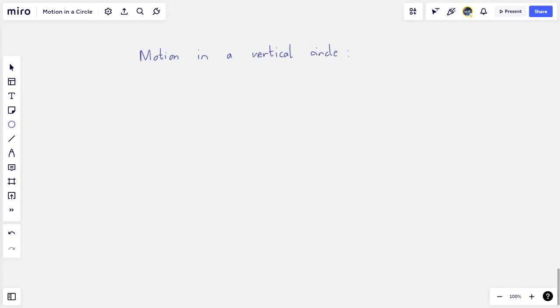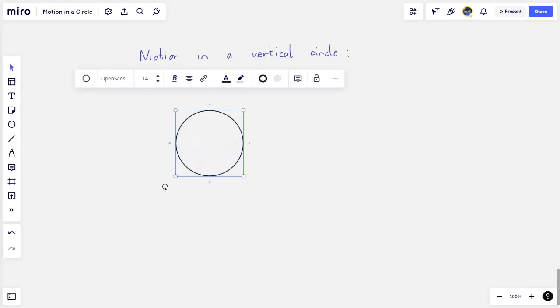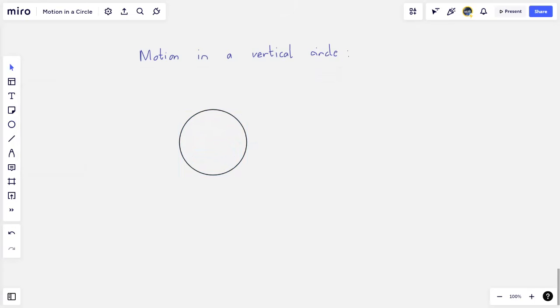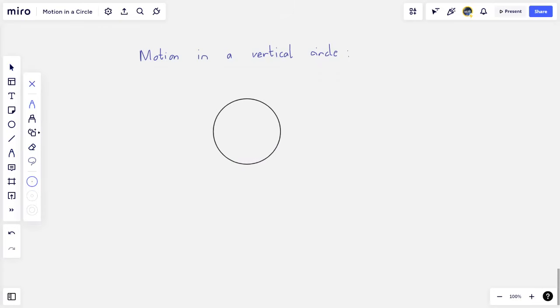And so let's assume we have a roller coaster moving through a circular path, or a portion of the track that is circular. If we were to draw this roller coaster, albeit quite poorly, we'll take one point of the motion where the roller coaster is on the inside of the track but at the top, and another point of the motion where the roller coaster is at the bottom.